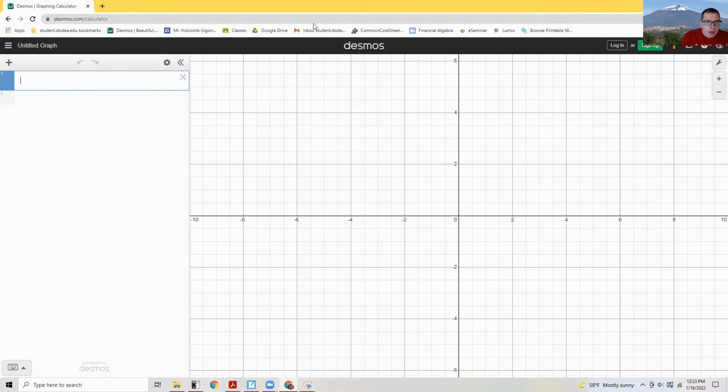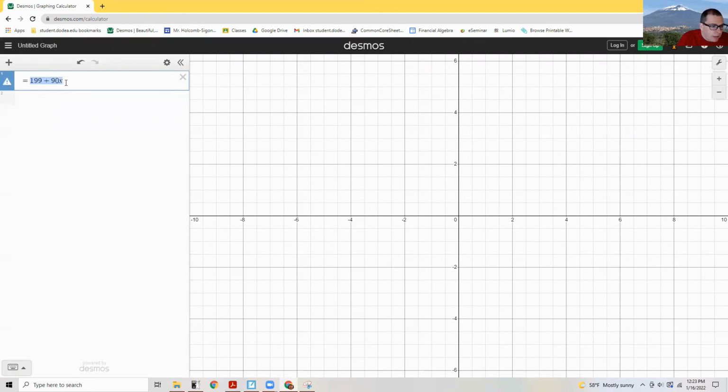Okay, so I've opened up Desmos and I'm going to use their free graphing utility. So I'm going to plug in my A of X, which is S of X divided by X, which is going to be 199 plus 90X, all divided by, I guess I need an equal sign.